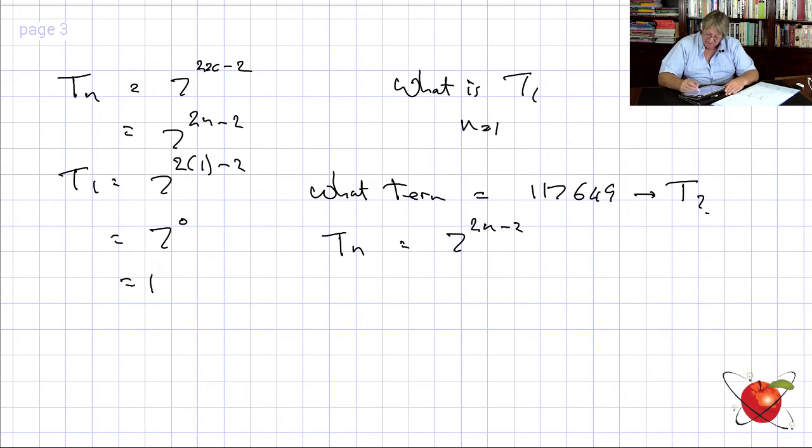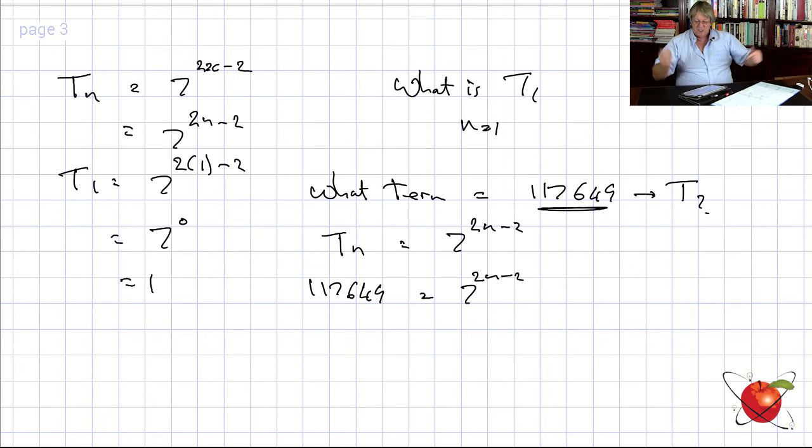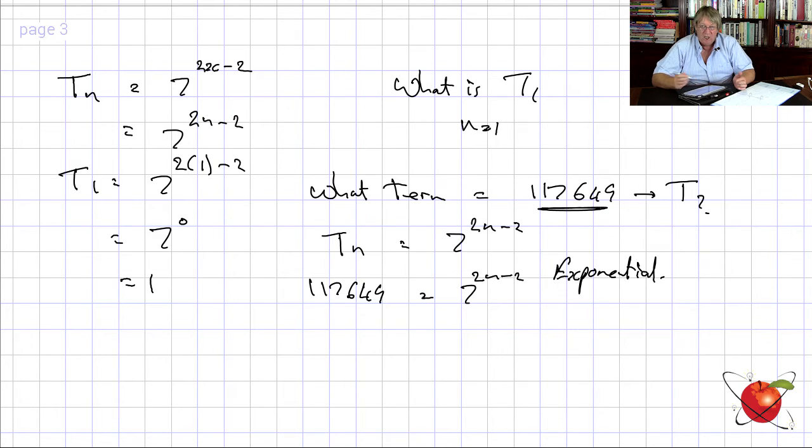They've given us that 117,649 is equal to 7 to the 2n minus 2. What kind of equation is it? It is exponential. Why? We've got something in the exponent position, correct?